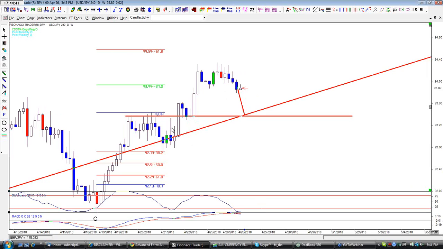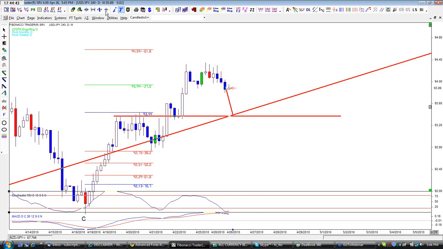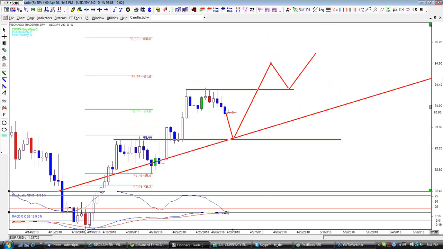Now, probably will come back, retest that resistance again. We have a bullish trend line coming. When we break this resistance, probably will come back, retest it again, continue the bullish move.